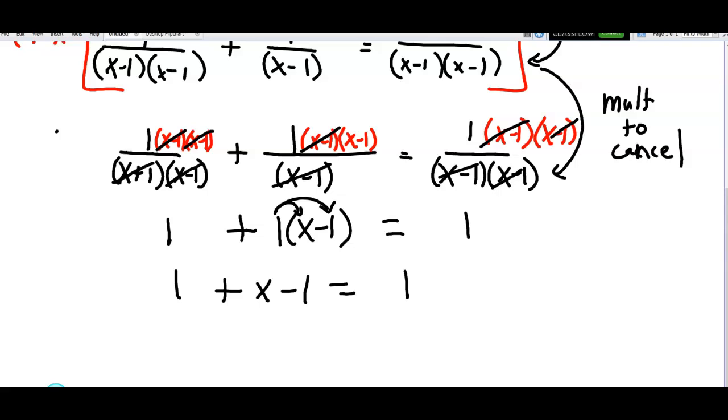Haley, any suggestions for next step? Okay. What do you think, Cal? So these are basically combining like terms, right? We can put those together, and we have our answer there.